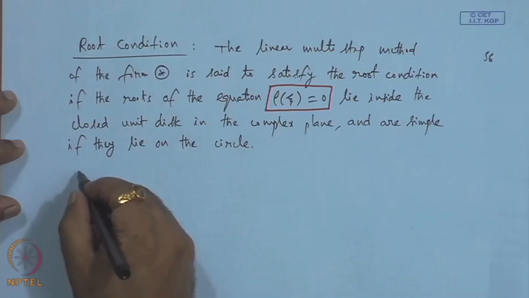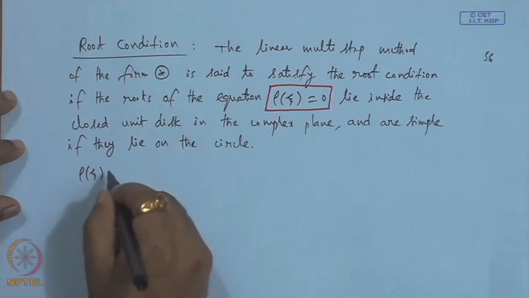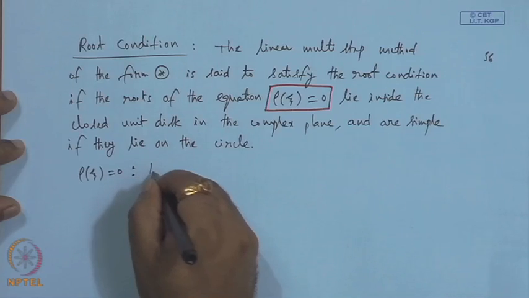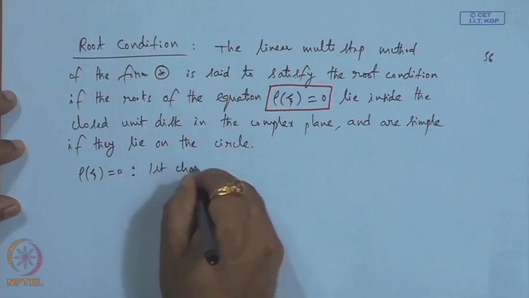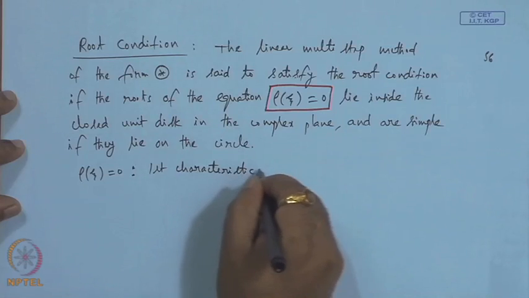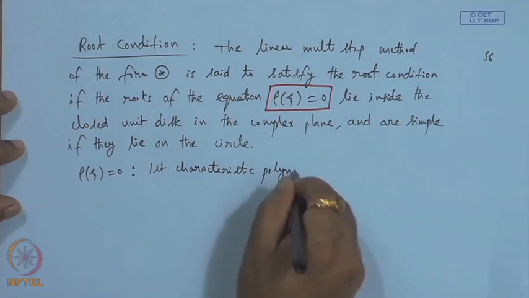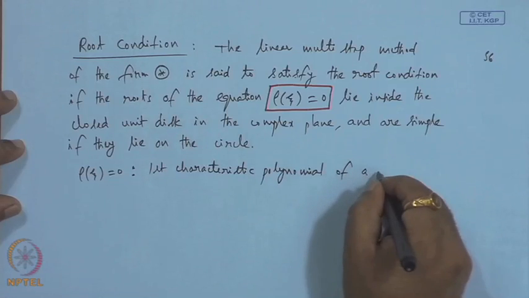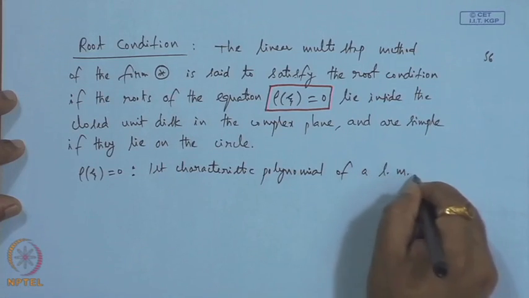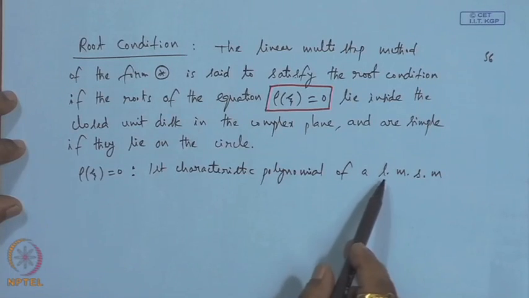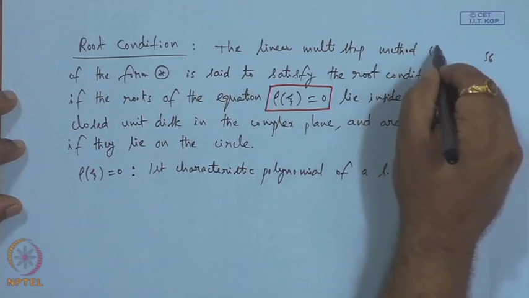Now, what is this? This is the first characteristic polynomial of a linear multistep method.